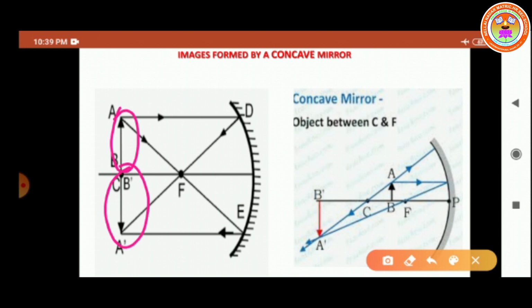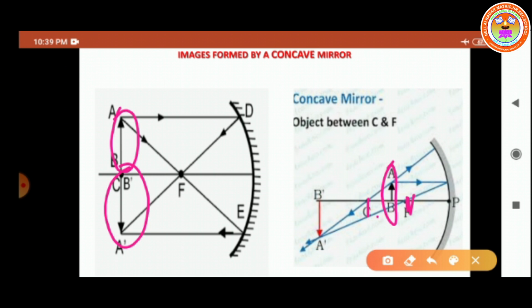And fourth one, suppose the object is located in between the center of the curvature and the principal focus. In between those points only we have to keep the object. So where will the image be formed here? Here the image will be formed at this point A dash B dash. This is taken as what point?